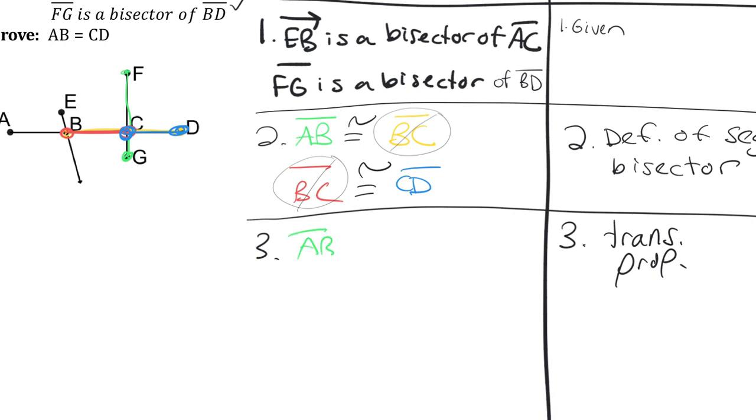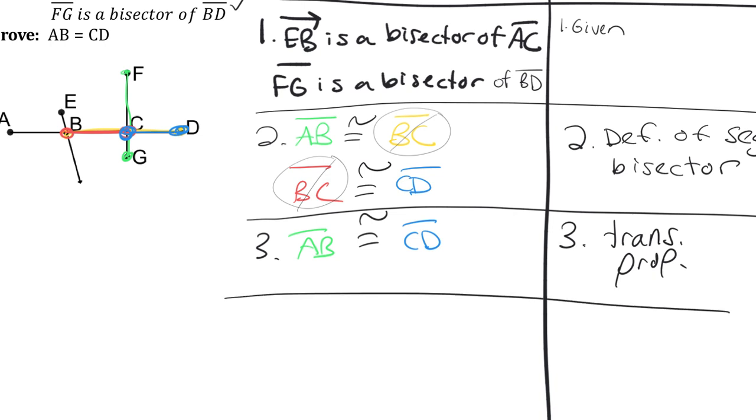So segment AB is congruent to segment CD. All right, since they're congruent, they must be equal because congruent means they're the same. So AB equals CD using the definition of congruence.